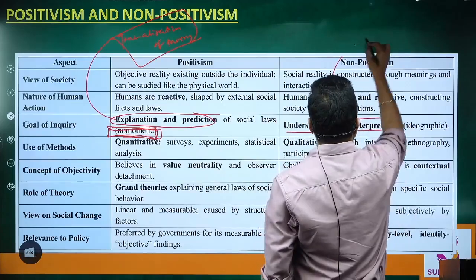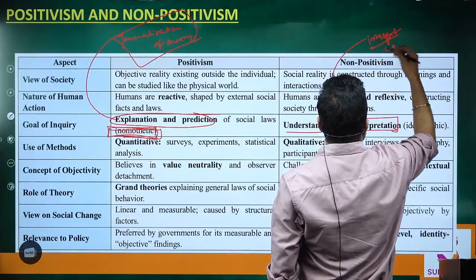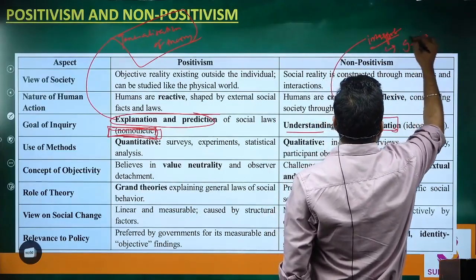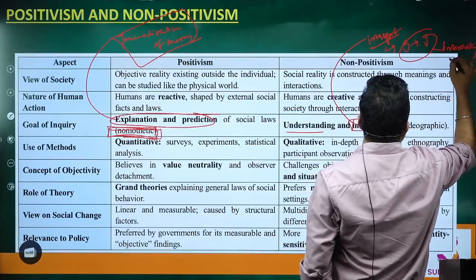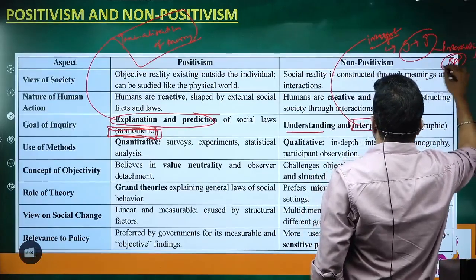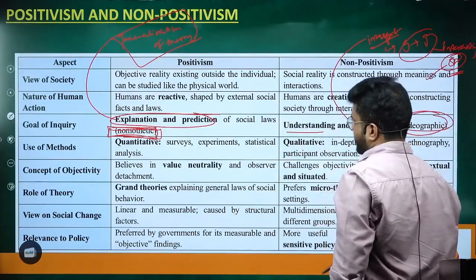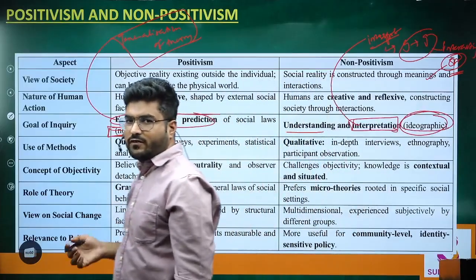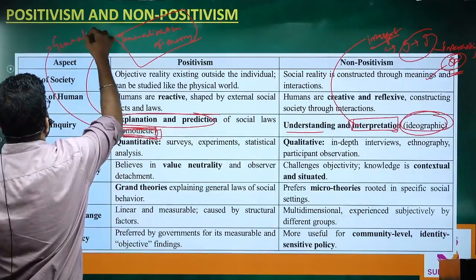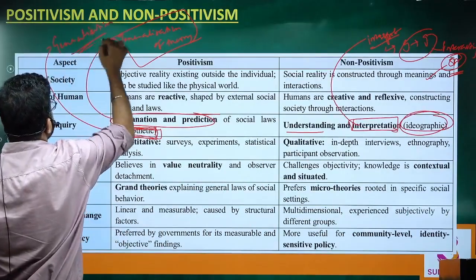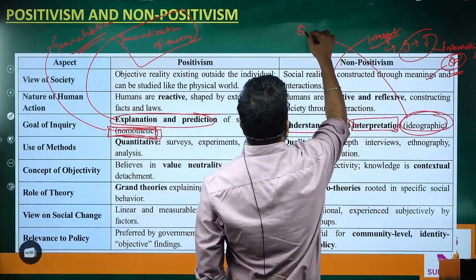They want to interpret in what way two individuals are interacting, then we can judge about social action. Okay, so it is ideographic. What is nomothetic and ideographic? Nomothetic basically means looking for generalization. Ideographic means looking for specific context.